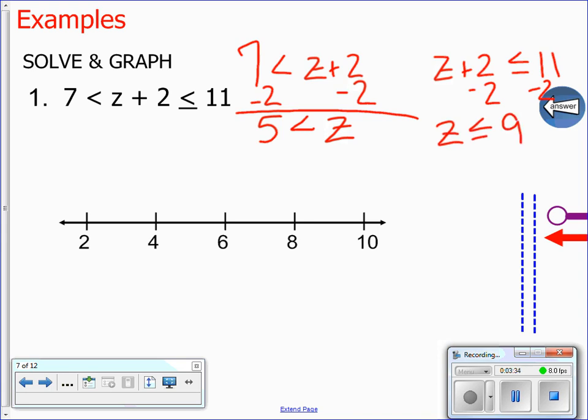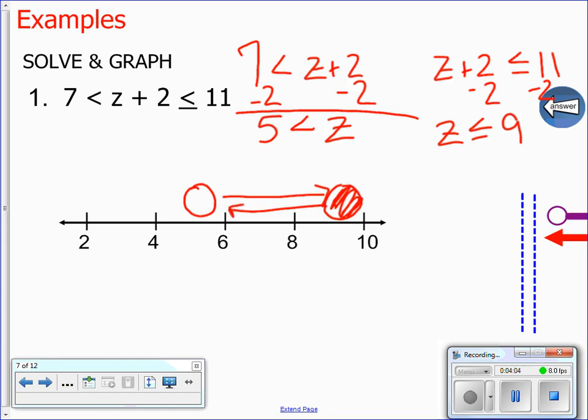So now I'm going to graph them. So we have 5 is less than z. So it's going to be an open circle. So that means z is greater than 5. So it's going to go this direction. Z is less than or equal to 9 means my circle is here, it's filled in, and it's going this direction.